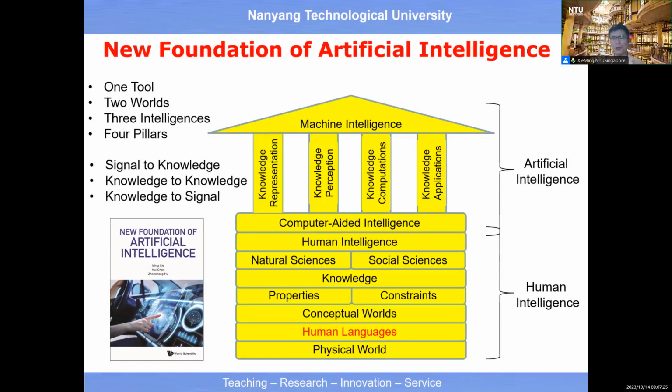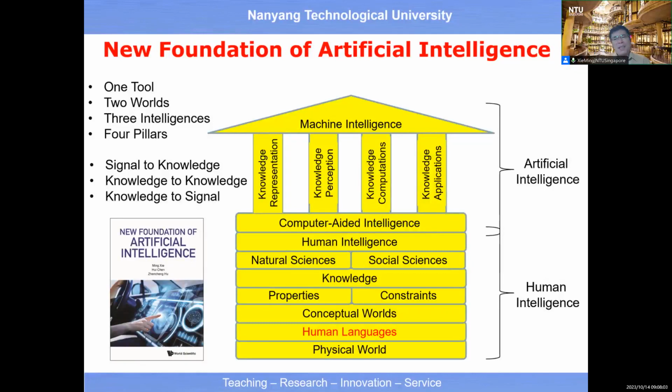So far, we are very strong in building up pillars number 1, 3, and 4. The weak pillar is pillar number 2. So this is why we need to spend more time and more effort to strengthen pillar number 2, which is about knowledge perception, all right? And these are the 4 numbers which will help you to understand the nature of AI 3.0, all right?